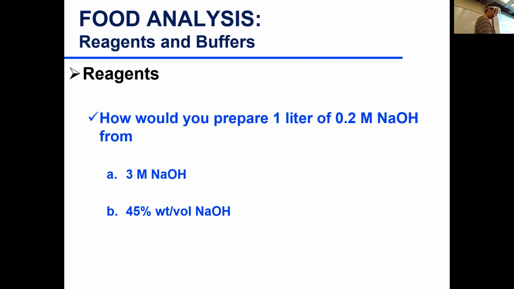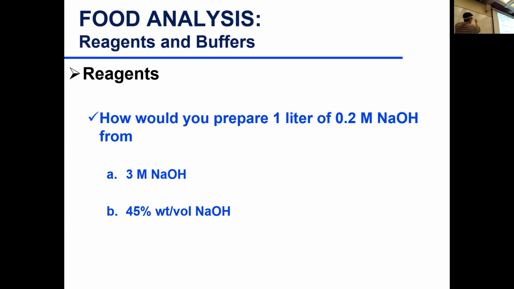So again, you apply the equation of N by V equal N by V. We want to prepare 1 liter of 0.2 molar. Molar or normal, in this case, it's the same because you have 1 OH.